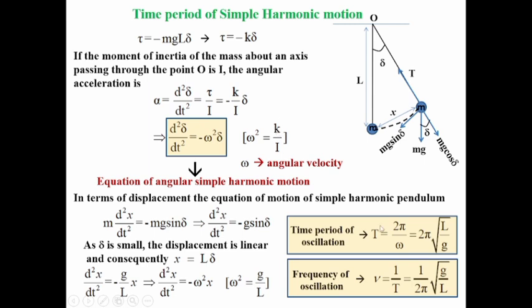If we increase the length of the string, the time period will be more. So this is the equation of motion we have constructed for this simple pendulum, simple harmonic motion, and the form of x, the solution of this equation, we will discuss later.